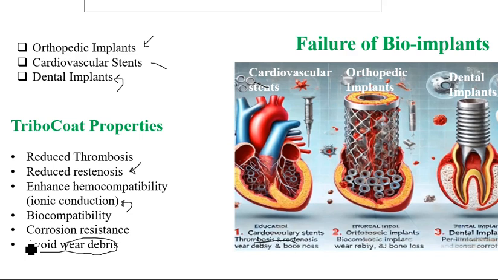Now, if we talk about tribo coats, hydroxyapatite, that is HAP, is mainly applied for orthopedic surgery or orthopedic implants. HAP is also applied in the case of dental implants.